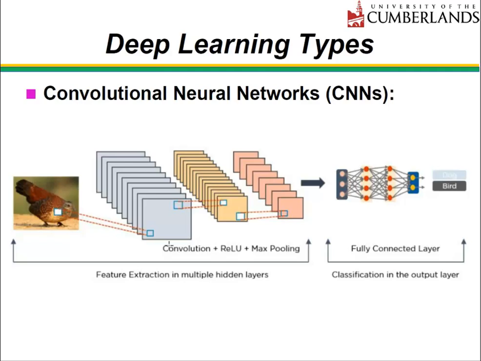Notice how the representations get more abstract as we go deeper. Early layers will detect low-level features like edges and textures, and then middle layers will detect more complex patterns like parts or objects. Finally, at the end, we have a fully connected layer, which is this one right here, that takes all the learned features from after applying pooling and makes a final classification, bird or dog.